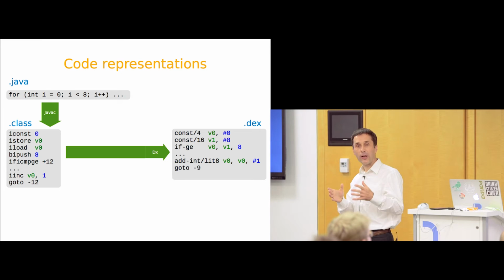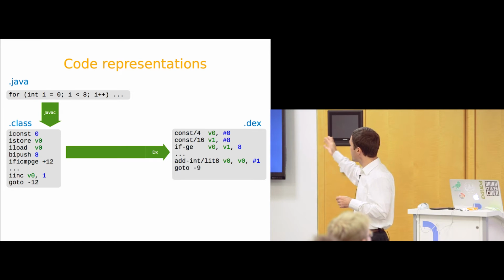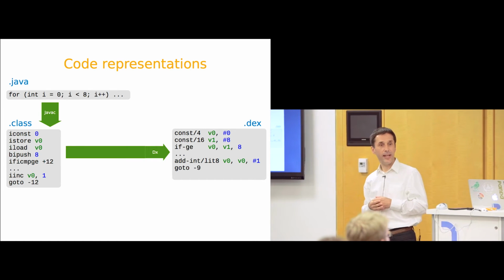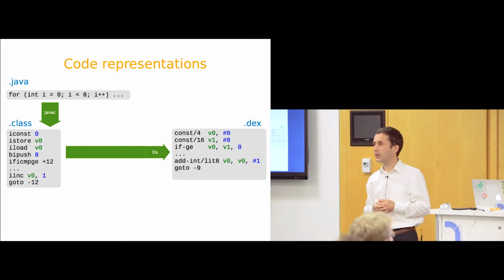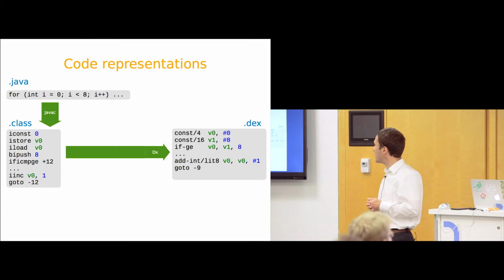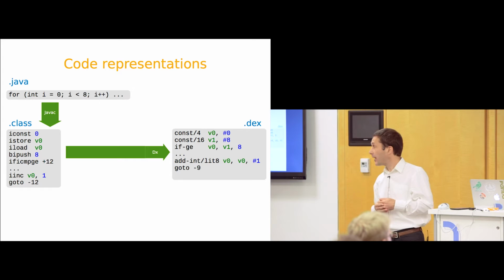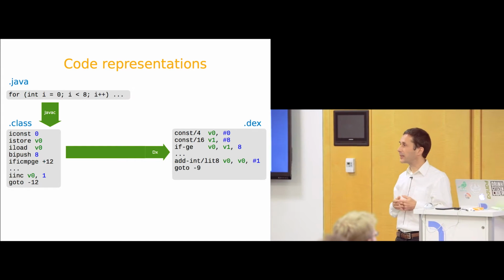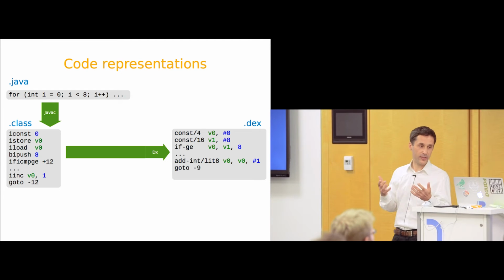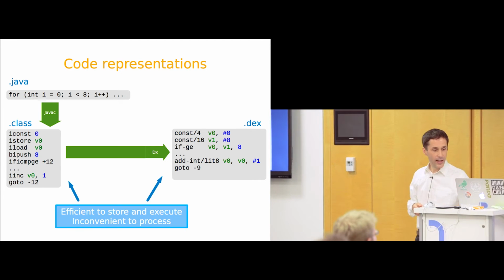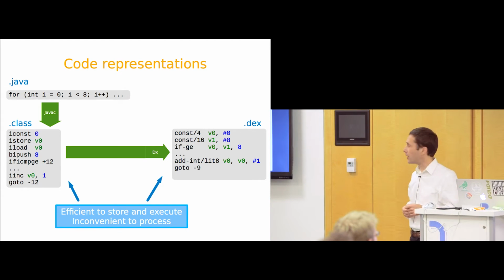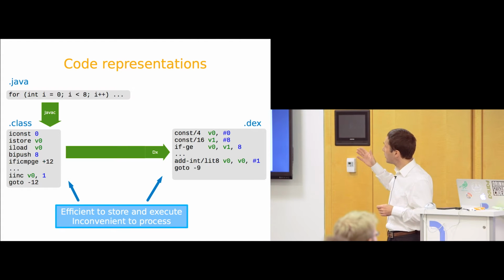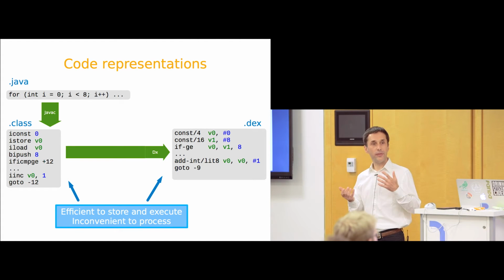Now, the Dex compiler traditionally compiles that straight to Dex, to classes.dex in your application, the Dalvik bytecode format. And that actually looks quite similar, and it has a similar feel to it, except that it is not stack-based, it's register-based. And if you look at those 2 formats, they are very similar, and they're efficient to store.